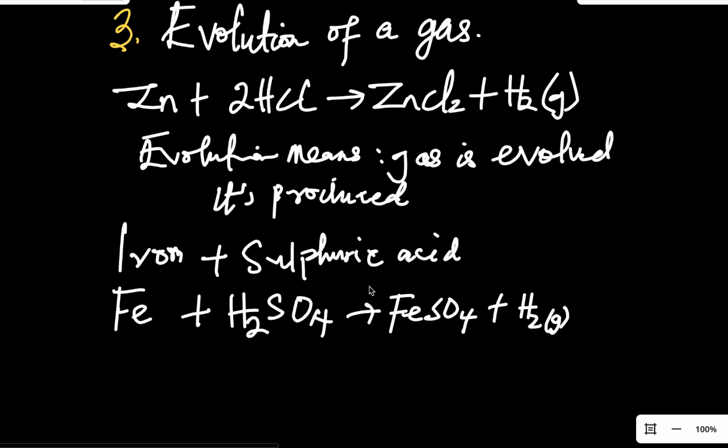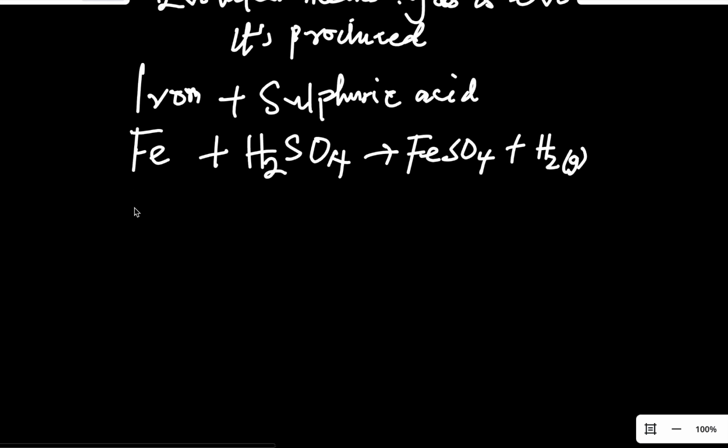I can even give you another one. Say, for example, we have sodium carbonate, which is written as Na2CO3. Please let me write it clearly.